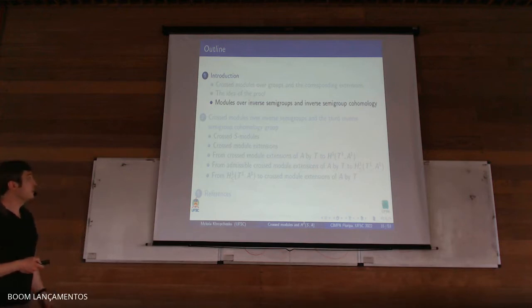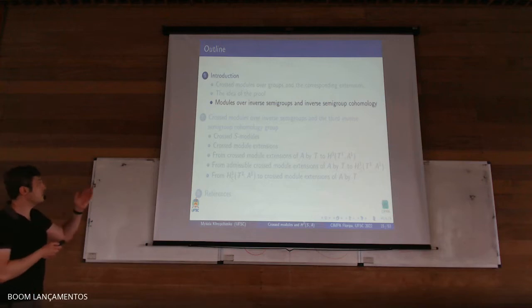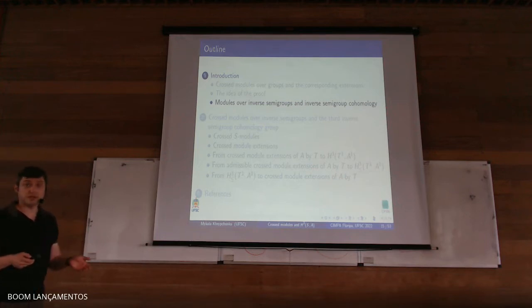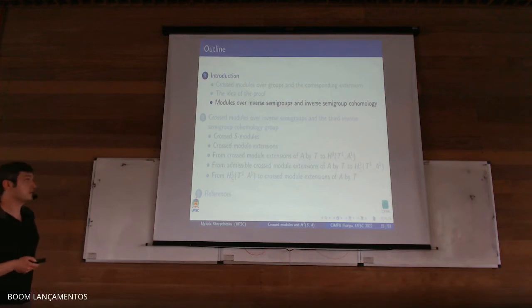This way. Now, before giving the definition of crossed module over an inverse semigroup, let me first recall what is a module in the usual sense over an inverse semigroup, because maybe it looks not that trivial. It's not like a module over a semigroup where you just take an action of a semigroup over an abelian group.